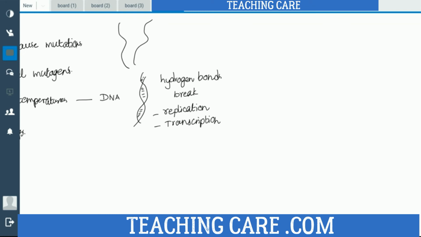Replication and transcription will not occur properly, so there will be disturbance in them. When it doesn't occur properly, obviously it will affect other functions also.